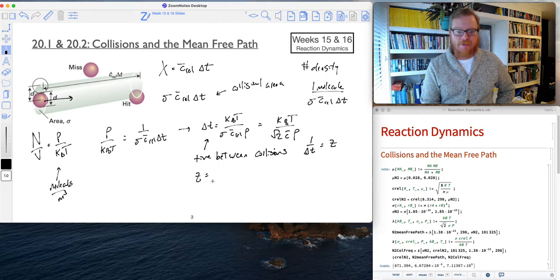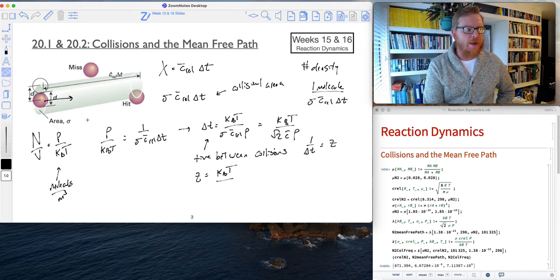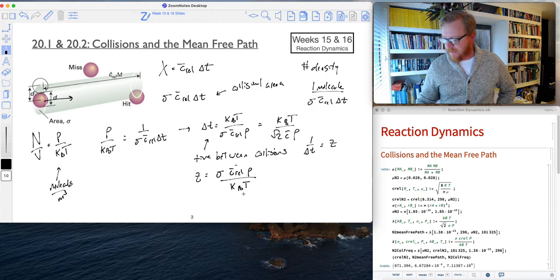And so I'll write that as Z equals k Boltzmann T, and I'll just keep writing that c bar relative, but we recognize that my root 2 times c bar is the same as my c bar relative, just to keep that in mind, okay? Oops, I meant to write it as 1 over that. So that's going to be sigma times c bar relative times P all over k Boltzmann T. And yes, that is going to give me my collisional frequency.